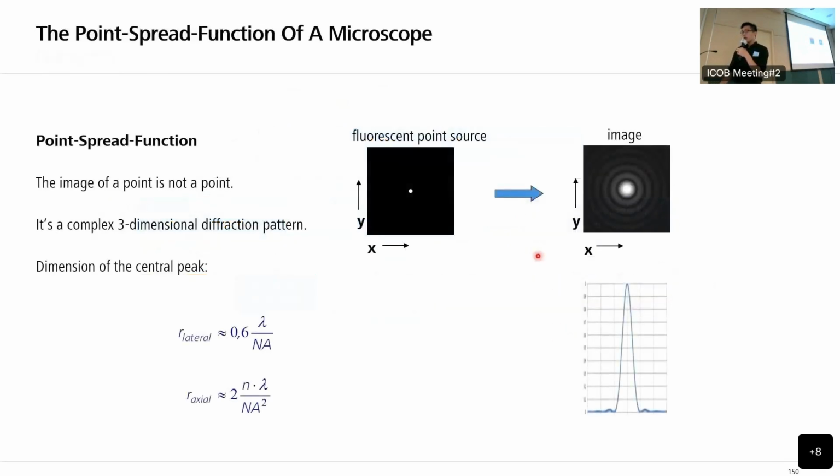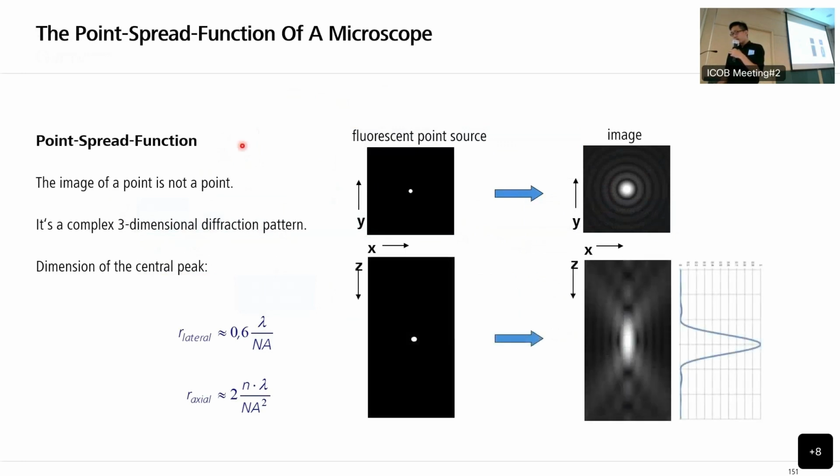So we try to depict the effect of the diffraction. That's why we use the point spread function. This is the definition by mathematics. So let's go further. This is just the function we use to quantify the effect of diffraction.